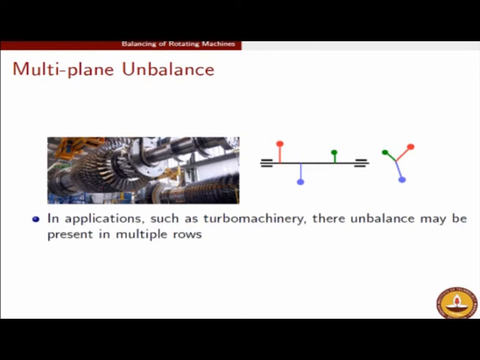Now what can happen is that at each row of these turbine blades you can have different eccentricities, because these turbine blades get manufactured at different locations and they get assembled row-wise or whatnot. Each row of turbine blades brings with it a certain amount of unbalance.